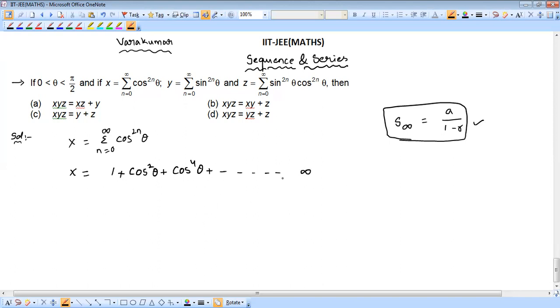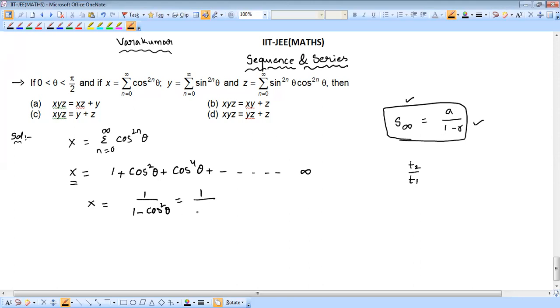When we look at this, it is an infinite GP. So the formula is S∞ = a/(1 − r). So x = a/(1 − r), where a stands for the first term, 1, divided by 1 minus r, where r stands for the common ratio, T2 by T1, which is cos² θ by 1, that is cos² θ.